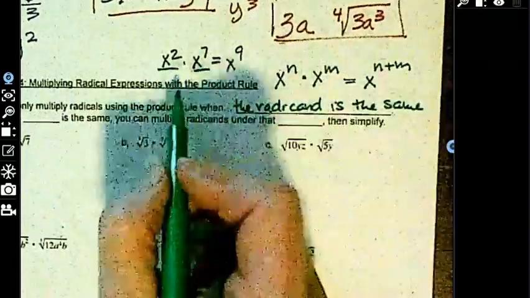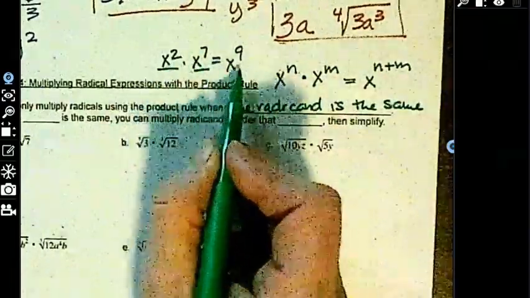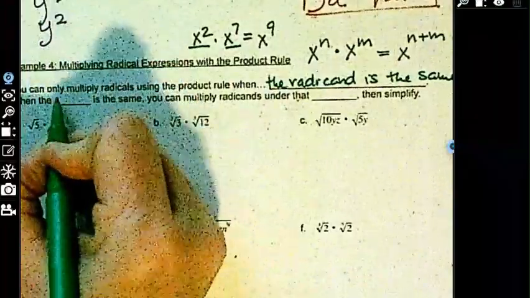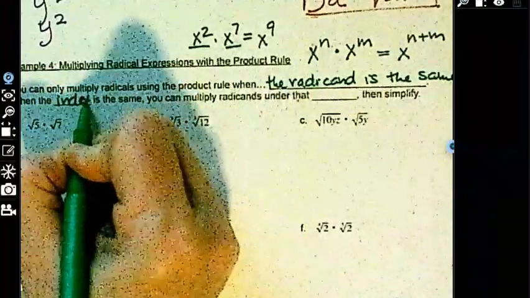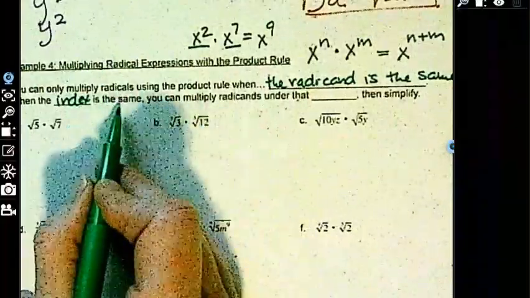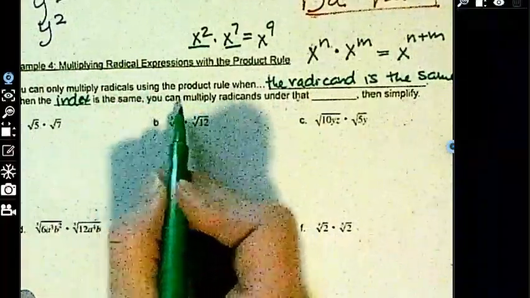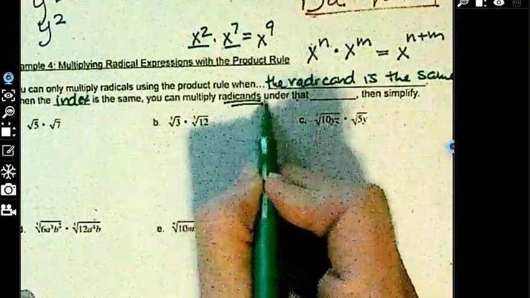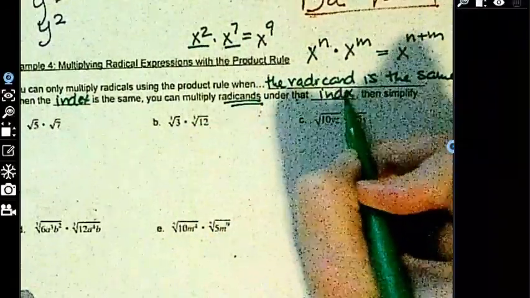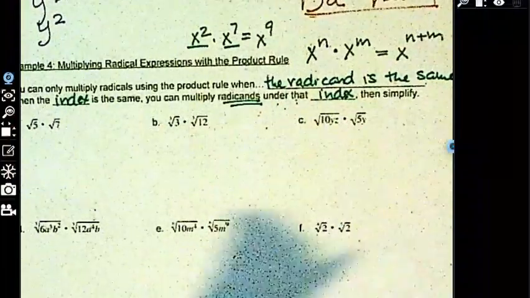Then you can add the exponents and simplify it that way. When the index is the same, like here, square, square, cube, cube, you can multiply the radicands under that index. Okay?